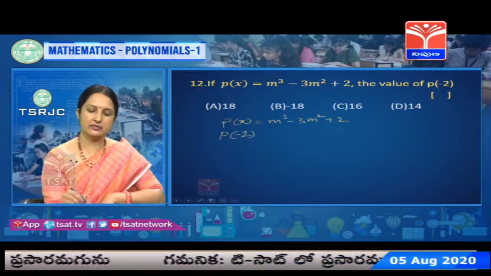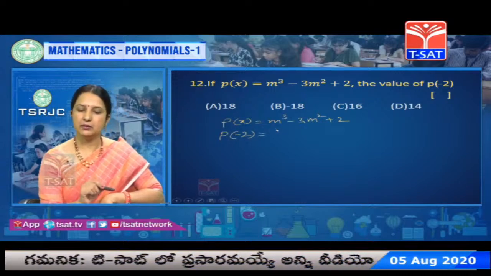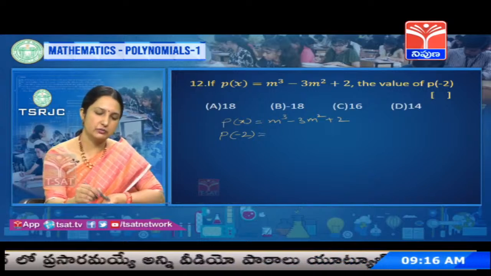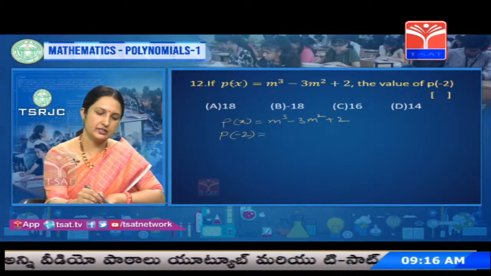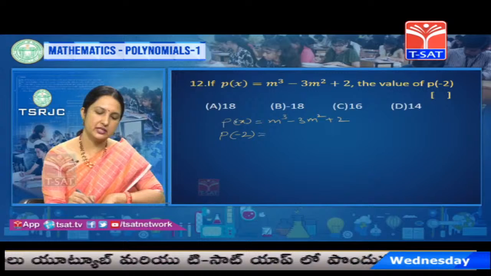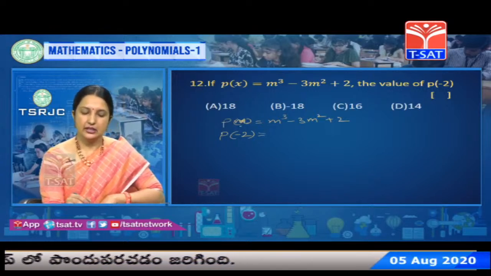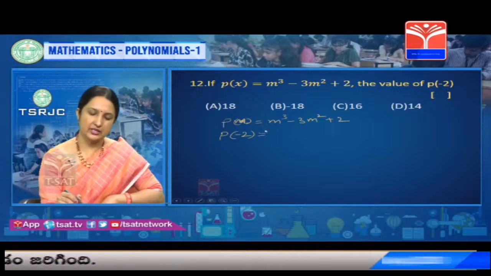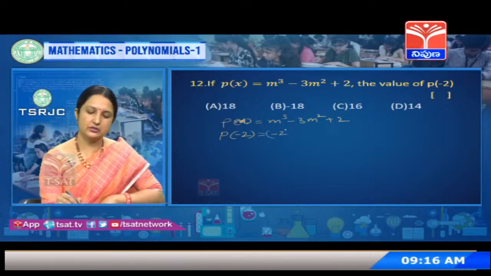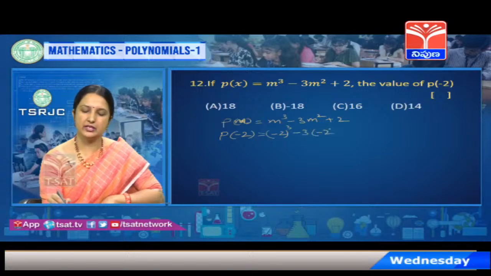That means in the place of x, in the question it should be mentioned m. Okay, mistake, it should be m. In the place of m, we have to write minus 2. So, substitute here minus 2 whole cube minus 3 into minus 2 whole square plus 2.